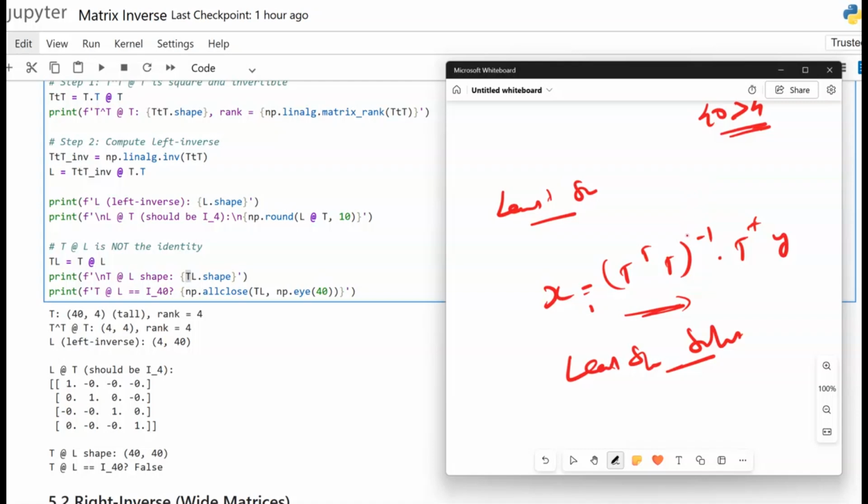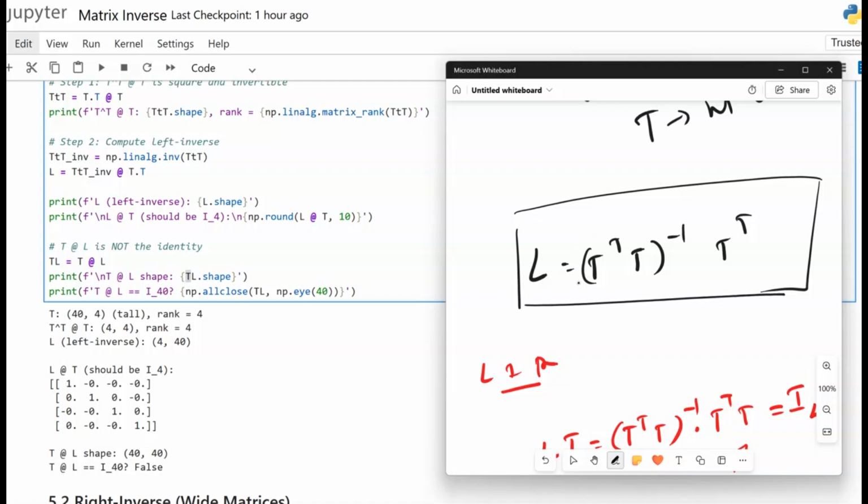It verifies LT is equal to identity, exact recovery, and of course TL is not identity, that is also the verification. And here this TL we interpret as a projection matrix. And yes, this would be used in the pseudo inverse, of course. Another use is the least squares solution.